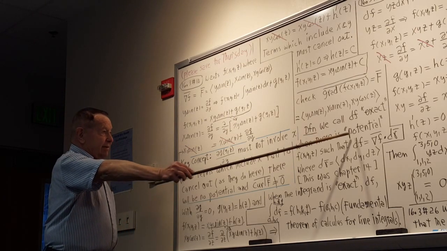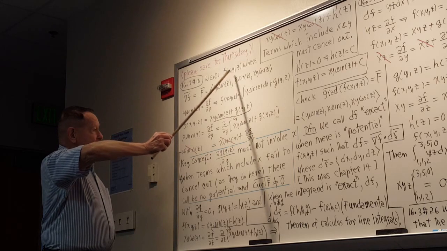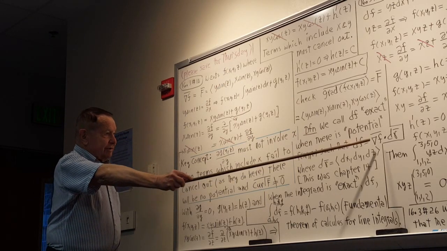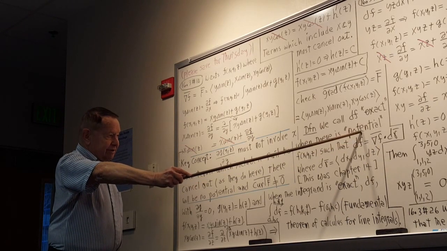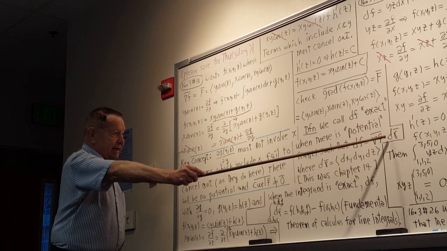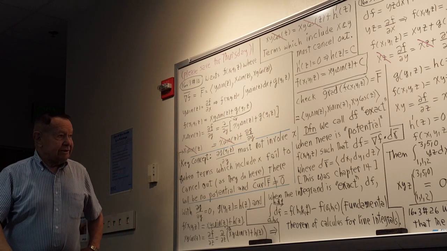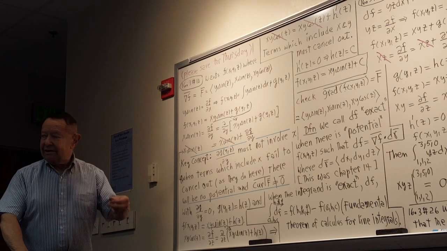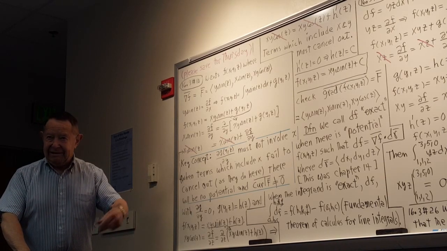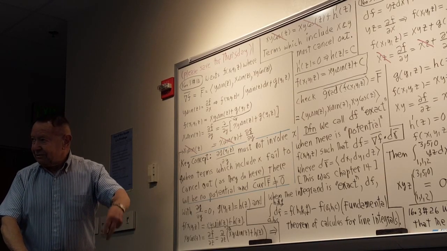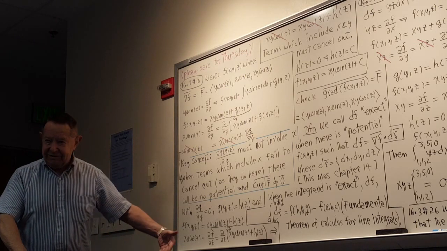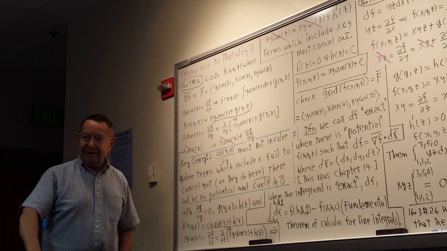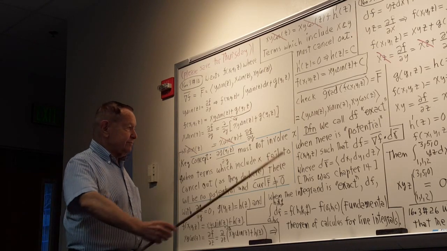When there is a potential, in this sense, that your differential is the gradient of this potential function dot dr. So it's partial with respect to x dx plus partial with respect to y dy plus partial with respect to z dz of this field, or pardon me, not this field, but this potential, as we're calling it.